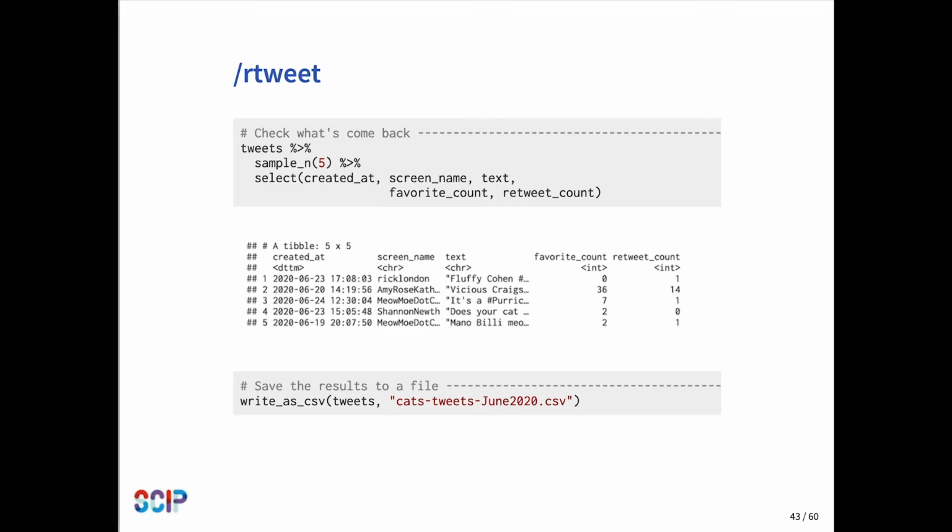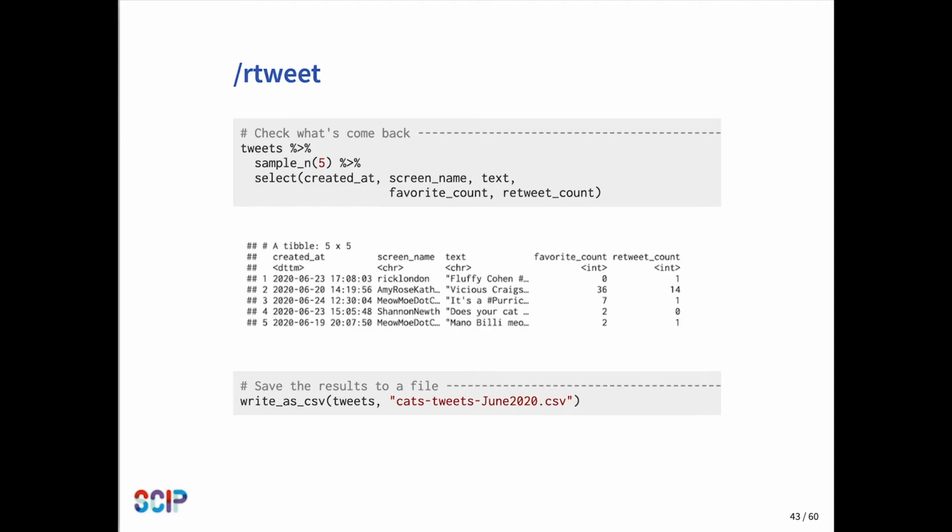Sample n is I want to see the first 5, and I'm telling the script to select the following fields: the date the tweet was created at, the screen name of the user, the text that was included in that tweet, the number of favorites or likes that tweet might have received, and how many times it was retweeted.